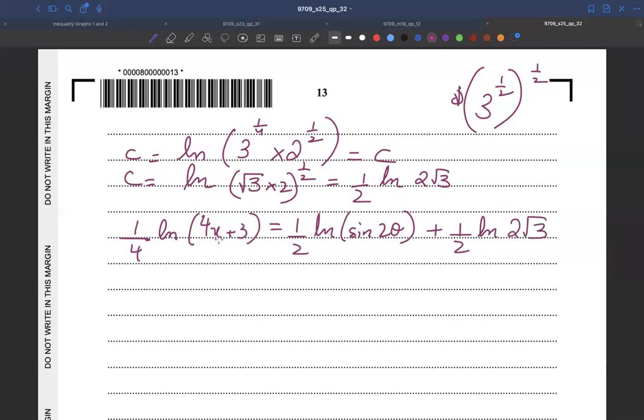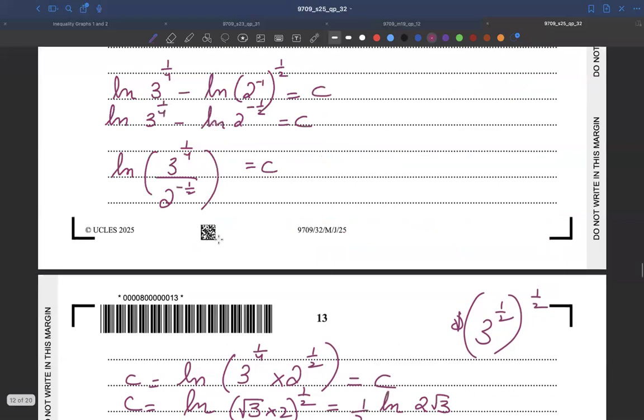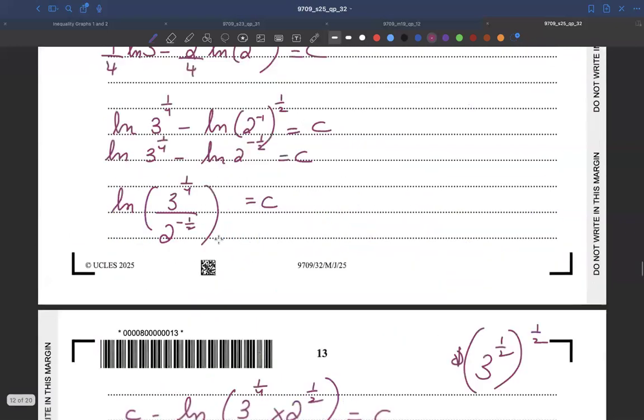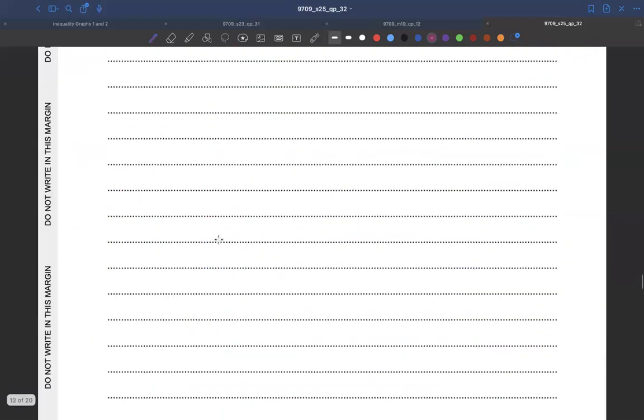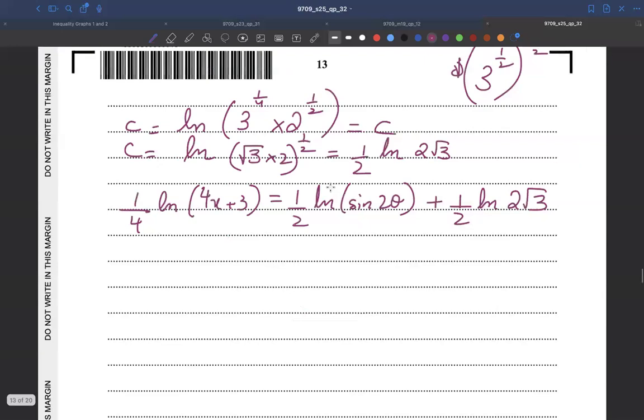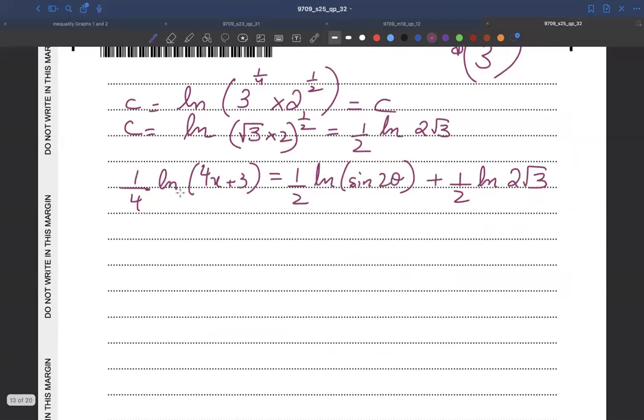Now we have to give our answer for x in terms of theta, so we have to make x our subject. Now in the first instance, what we can do is we have a common denominator over here. We can multiply by 4. So ln of 4x plus 3 would be equals to 4 upon 2, that is 2 ln of sine 2 theta.